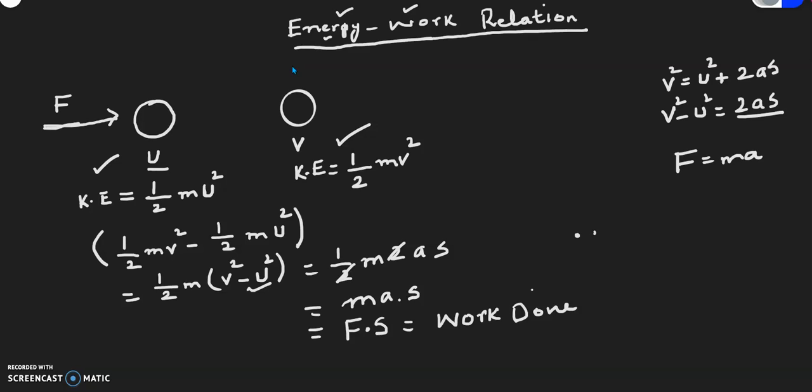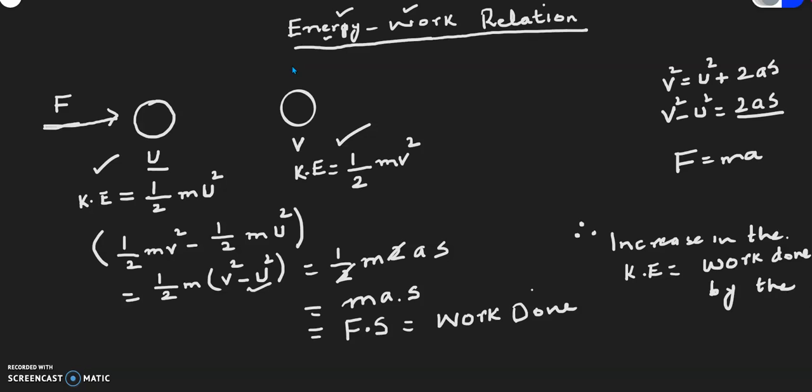So we can say that the increase in the kinetic energy is the same as the work done by the force which accelerates the body and which moves the body from a velocity of u meter per second to v meter per second. So, work done by the force.